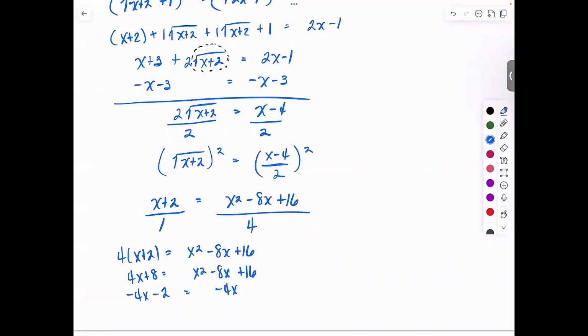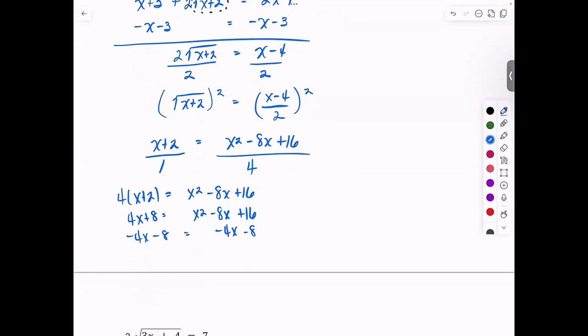Don't watch that distribution, right? Okay, so ultimately we end up with x squared minus 12x plus 8.